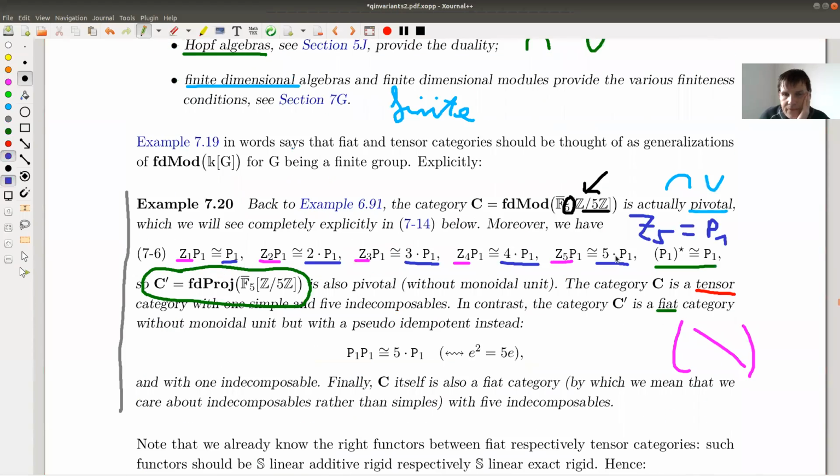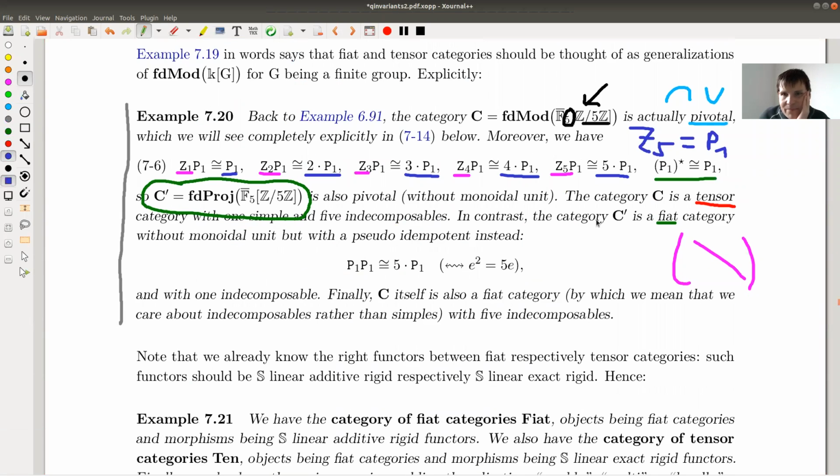So here you have C prime. C is obviously a tensor category. I discussed the simples in the previous example. It has only one simple. It has 5 indecomposables, so it's still a Fiat category. But C prime is also itself a Fiat category because it has 5 indecomposables.